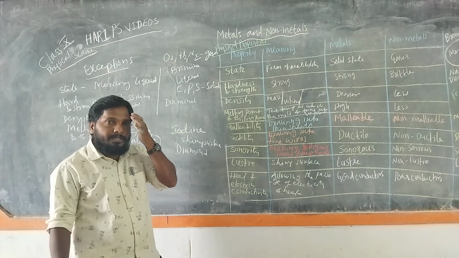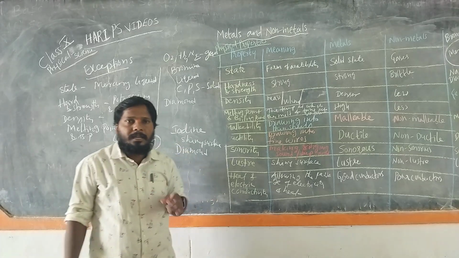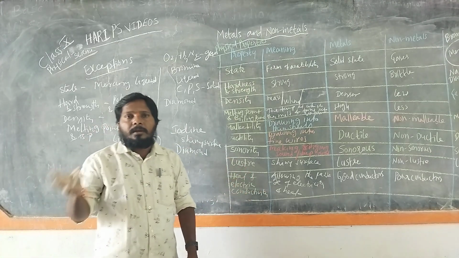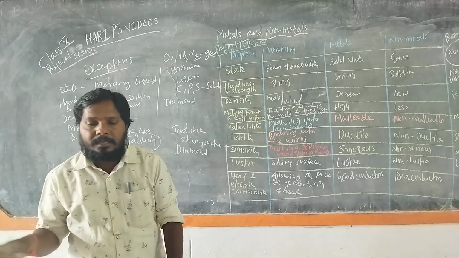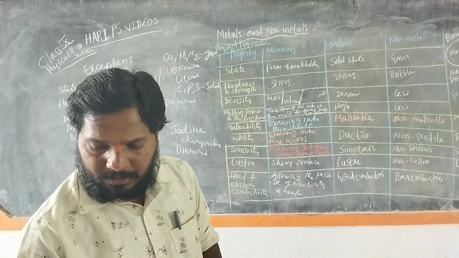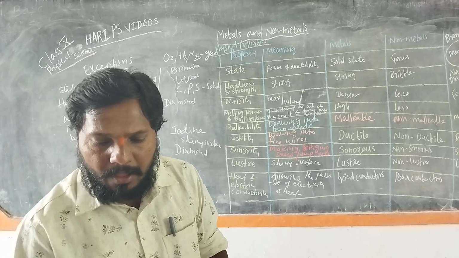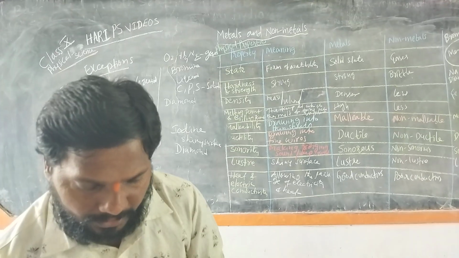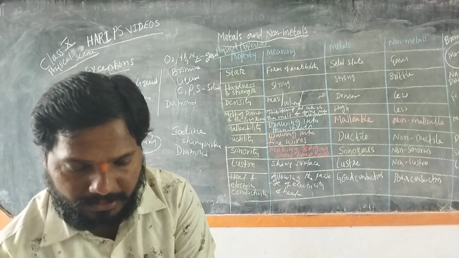Then heat conductivity and electrical conductivity. As we know, metals are good conductors of heat and electricity, whereas non-metals are generally poor conductors of heat and electricity.